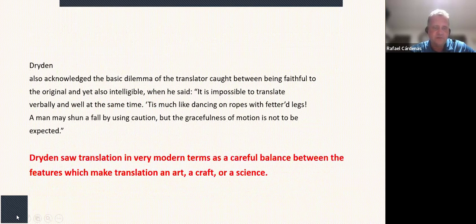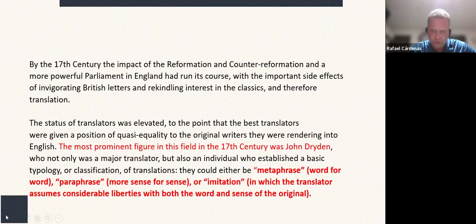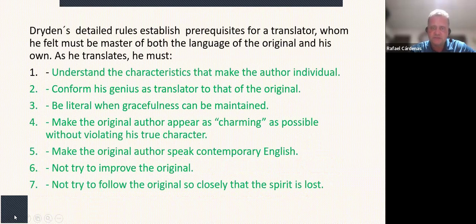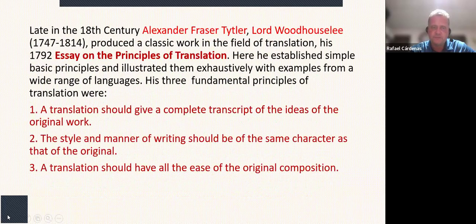So this information on word for word, sense for sense, and liberties in translation, this is something known for a long, long time. And not only by the British, it's also something that the Hispanics knew, and different authors from different European countries and experiences dealing with translation.